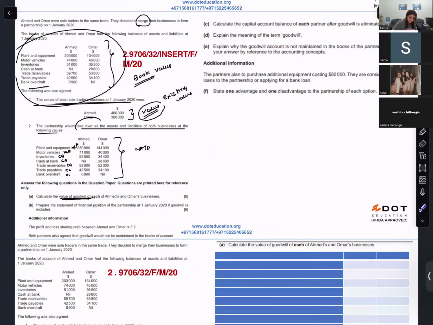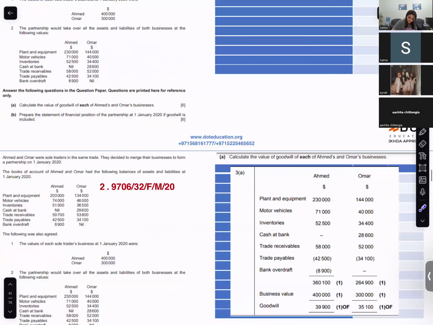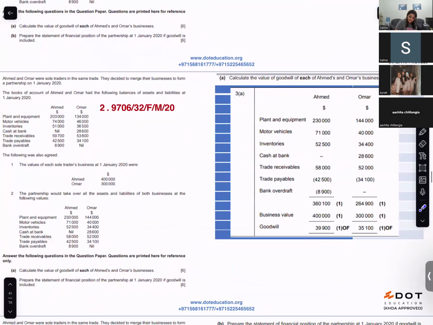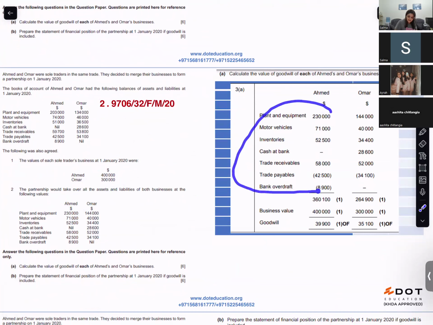So it'll be non-current assets plus current assets minus current liabilities. What you get is called the NATO. The NATO is compared with the business value, then you get the goodwill. Okay, fine. So please find the goodwill. I'll wait for you.